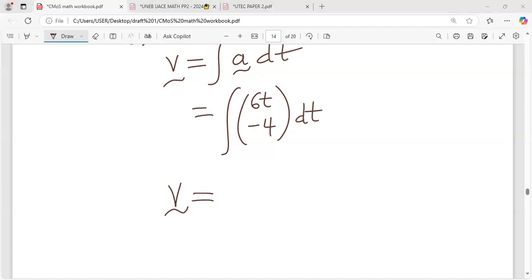So when we integrate, I don't know whether people know integration. Here, what we do, we increase the power by 1 and we divide by the new power. Like for this case, t is to power 1, so I'll increase the power by 1. It becomes t to power 2. Then I will divide by the new power, which is 2.